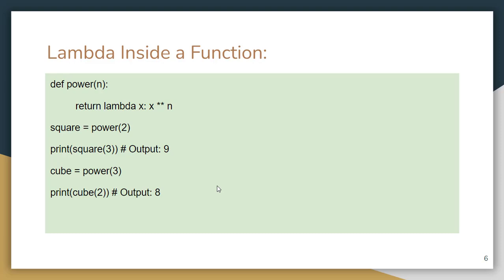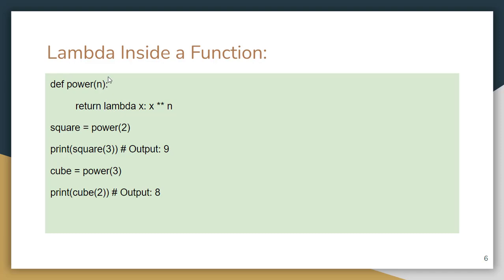Using the value of n, we can square, cube, and raise to any power. Square equals power 2, this is calling of the power function. 2 is the parameter, 2 is stored in n.